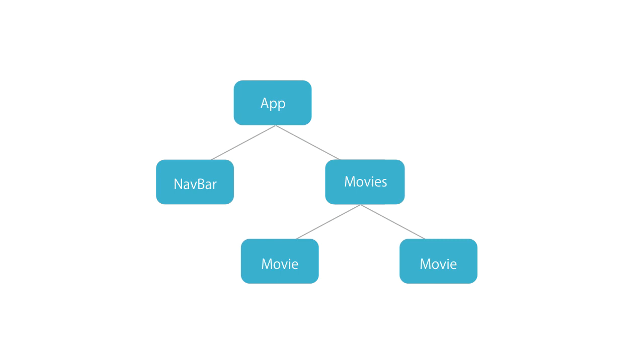Now this button we clicked is in the template for app component. It doesn't matter where this button is, whether it's in app component or movies component or movie component. Whenever we click a button, whether there is a change in the application state or not, Angular runs its change detection, which goes from the top to bottom of our component tree.